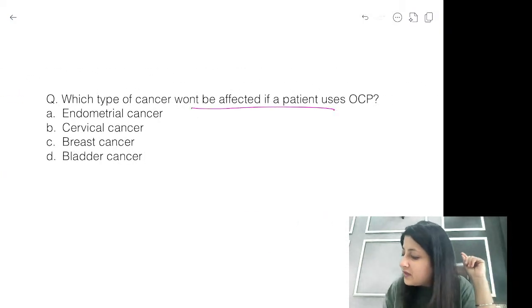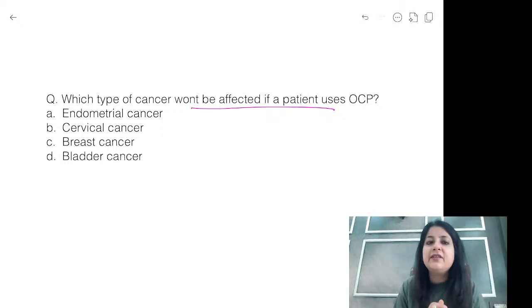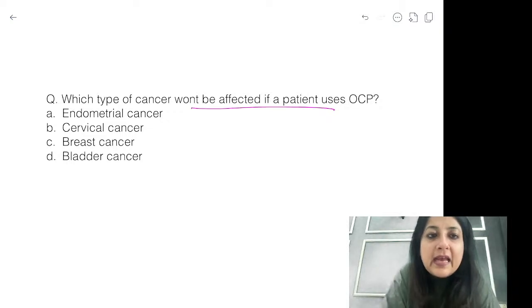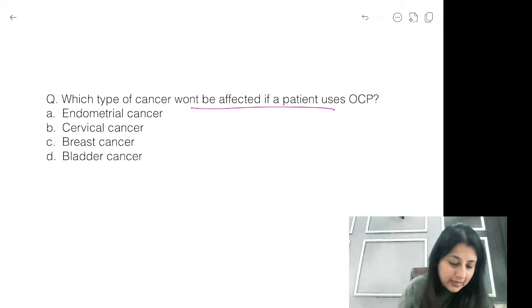Let's go to the next one quickly. Which type of cancer won't be affected if a patient uses OCP? Endometrial cancer, cervical cancer, breast cancer, bladder cancer. So different types of questions I'm asking you. Which type of cancer won't be affected if a patient uses OCP, guys? Obviously, why are you writing bladder cancer?